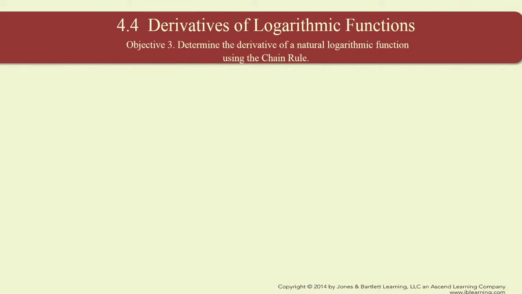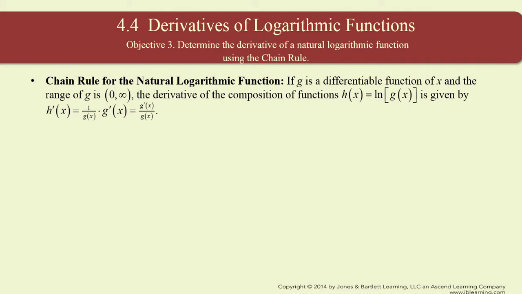So the final thing we're going to look at in this section is going to be the chain rule. So here it is. Here's the chain rule. If g is a differentiable function of x, and the range of g is 0 to infinity, that's just a little disclaimer for making sure we don't take the natural log of 0 or a negative number.